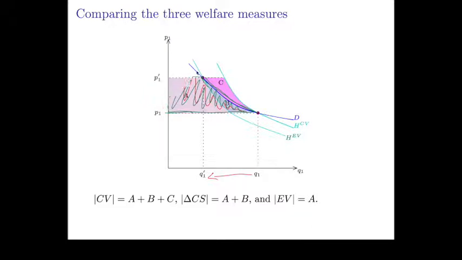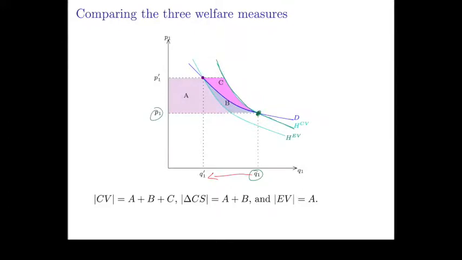What about the compensating variation? Remember, we're going to compensate the consumer to get them back to the original utility level. The original utility level is the utility they get at the bundle where they consume Q1 units of the good and the price was P1. I'm going to skip the math here.